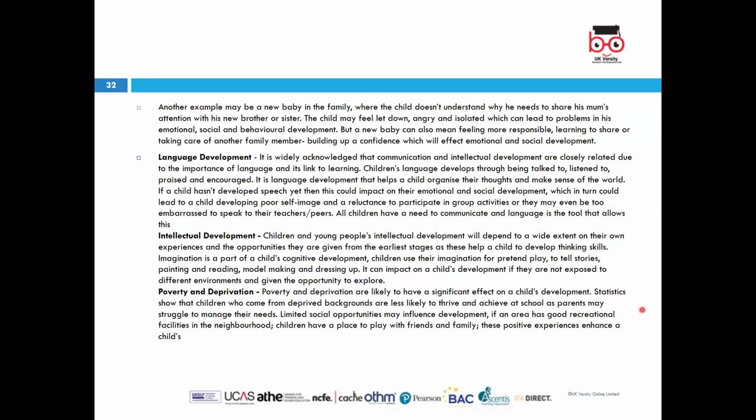Intellectual development: children and young people's intellectual development will always depend, to a wide extent, on their own experiences and the opportunities that they are given from their earliest stages, and they'll have thinking skills. Imagination is a part of the child's cognitive development, so children use their imagination for pretend play and to tell stories.